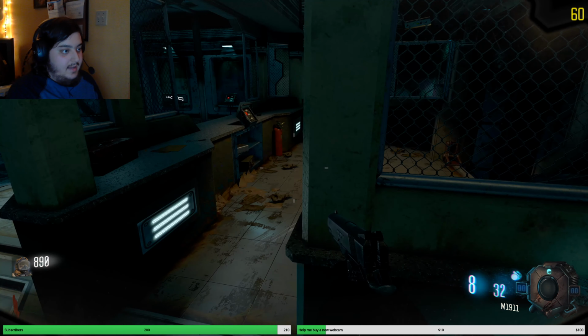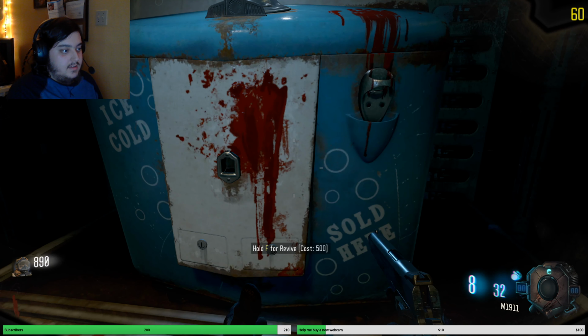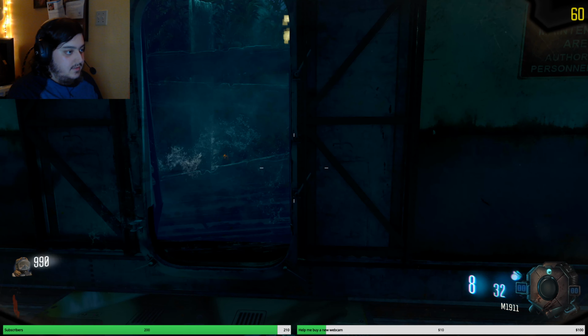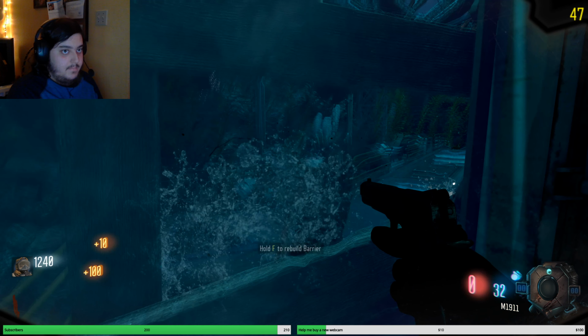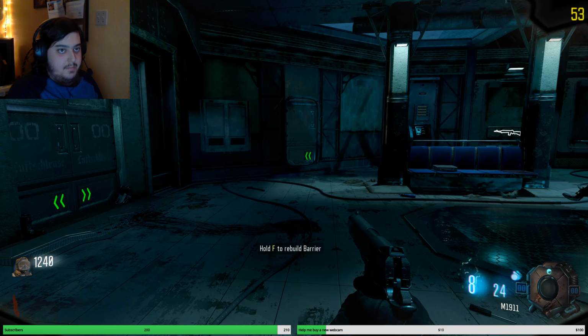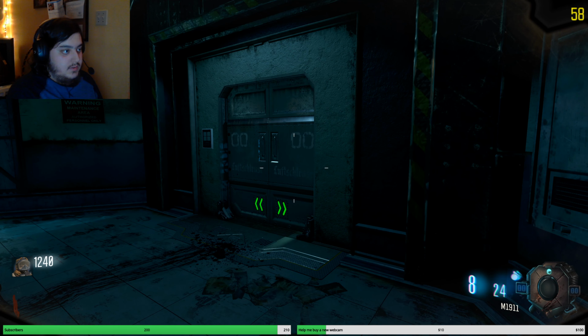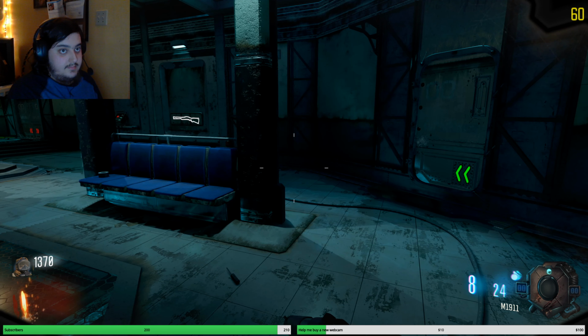Oh my god, this is so clear. This is what 4K is like? Oh my goodness. Okay, I can't keep a stable 60 FPS when I'm looking out these windows. I can keep a stable 60 FPS most of the time, so far anyways.